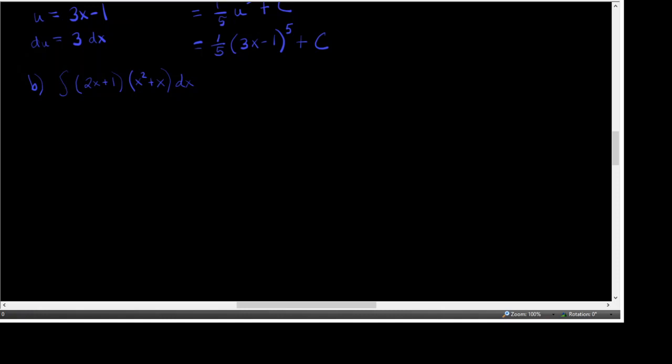If you look at those two, one of them is actually the derivative of the other. And so if I let u be the one whose derivative is there, if I let u equal x squared plus x, its derivative is 2x plus 1. Then I take that answer and multiply it by dx.